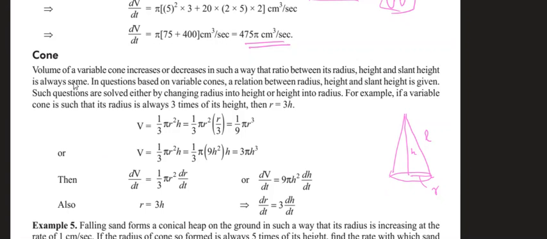So here V is equal to 1 by 3 pi r squared h. How many variables are involved? Two variables are involved, so you have to be very careful. Now 1 by 3 pi r squared h, that is 1 by 3 pi r squared into r by 3, which is equal to 1 by 9 pi r cube. Now listen, it is given that r is equal to 3 times h.